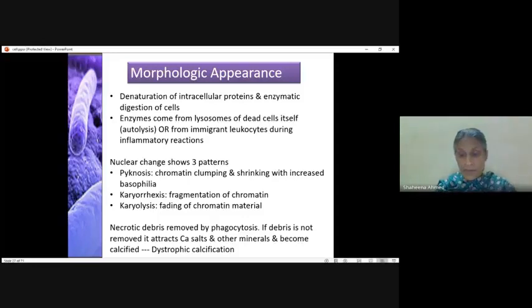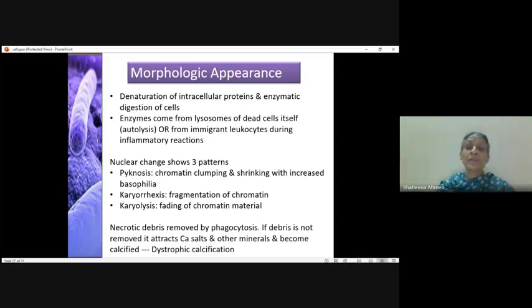We'll reiterate them. The morphological appearances that you are going to see are: first, there is going to be denaturation of the intracellular proteins, and there is going to be enzymatic digestion, because once these cells are destroyed, the lysosomal enzymes are going to be released and will start eating up those tissues and cells which have become injured.